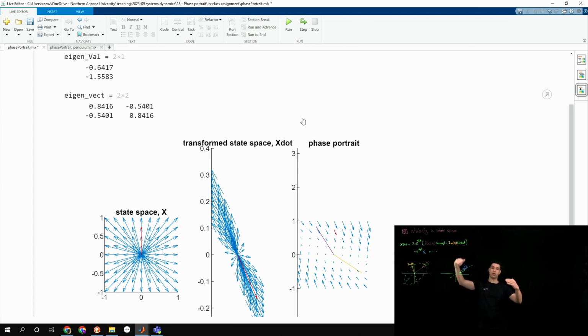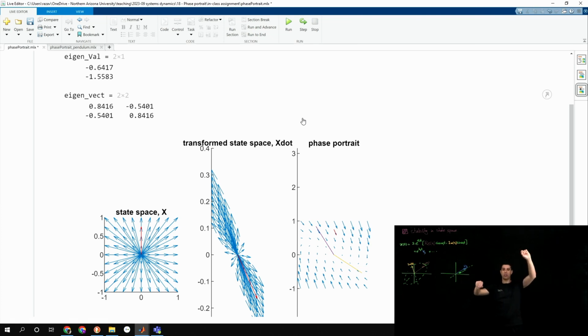I only have these two directions that are shown by the yellow and purple lines. Those are the two eigenvectors V. And if you leave the system anywhere along those directions, you just follow the same path toward the origin.